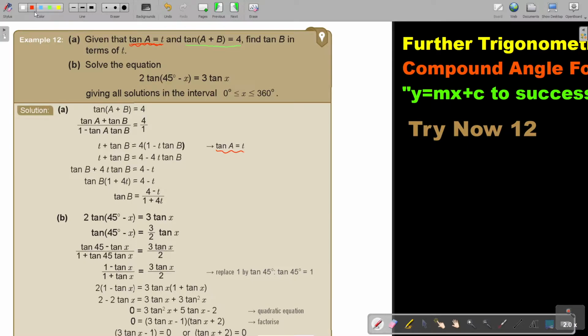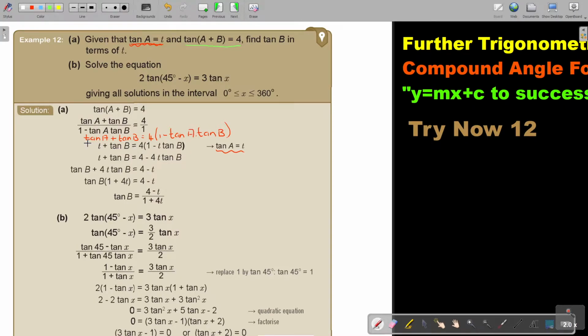I could have said tan A plus tan B is equal to 4 times (1 minus tan A tan B).